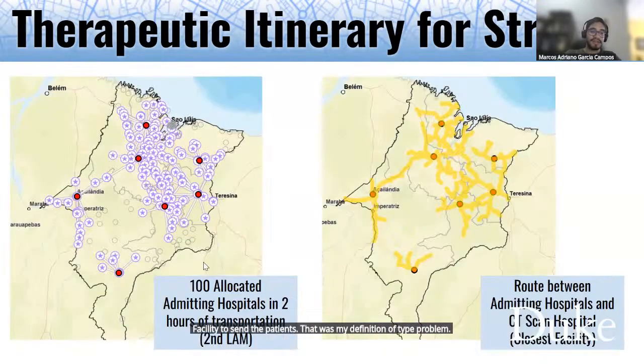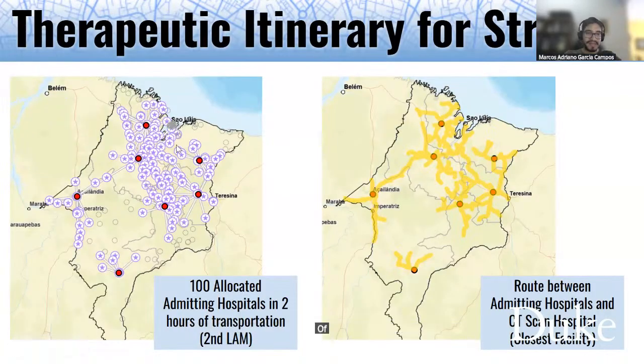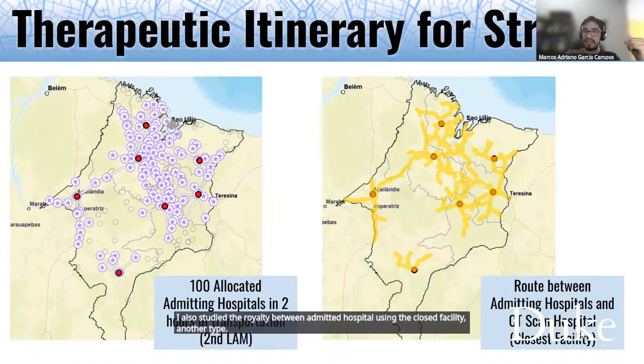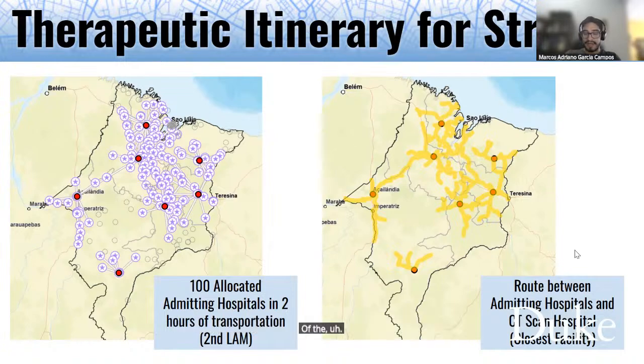And here I can allocate 100 admitted hospitals that are located within 2 hours of one or more facilities, and they can connect the admitted hospital to a reference hospital with CT scan. I also studied the route between admitted hospitals using the closest facility, another type of network analysis.